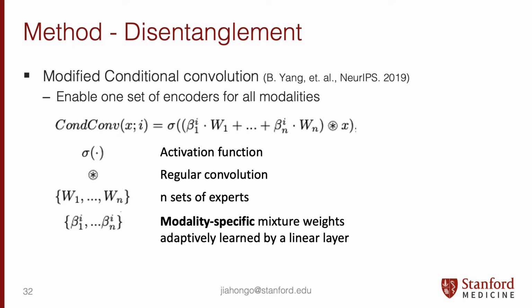The beta here is a set of modality-specific mixture weights that is adaptively learned by a linear layer. By using the modified conditional convolution layer in the encoders, we can improve the computational efficiency and also potentially learn a better model by sharing weights between modalities.